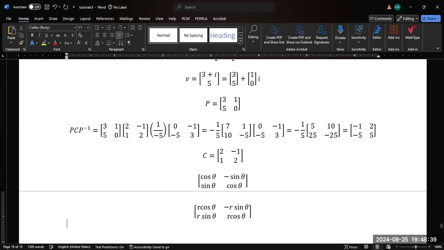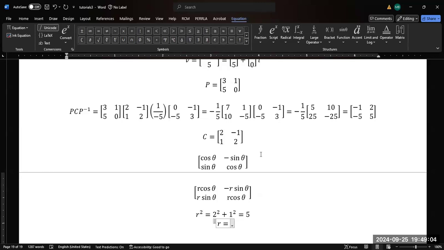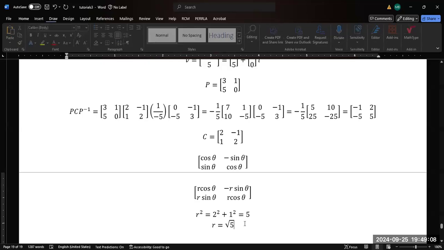So what we're going to do is find r. So r squared is cosine squared plus sine squared, so it's our two entries together. It's 2 squared plus 1 squared. You can use the rows or the columns, whatever, because the signs are going to cancel when you square them, which is equal to 5, which means that r is equal to the square root of 5.